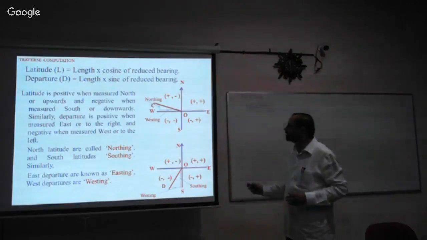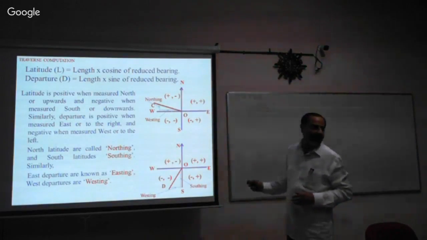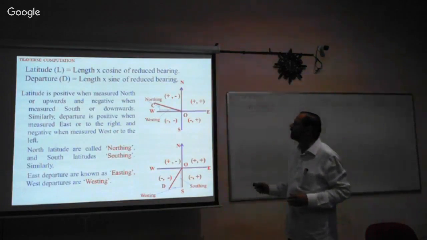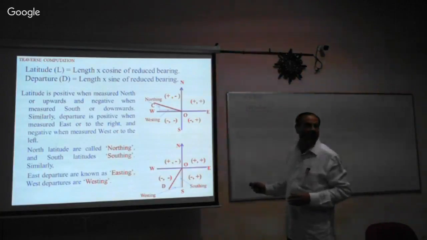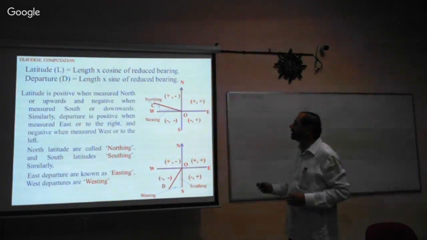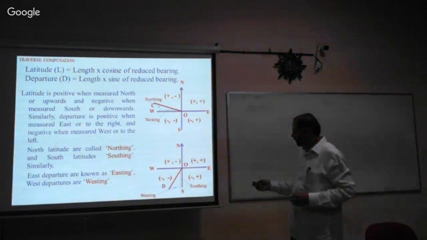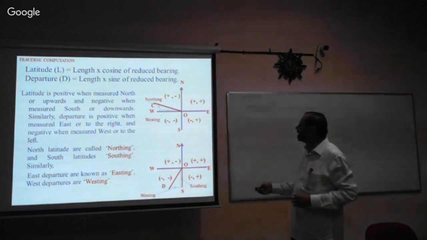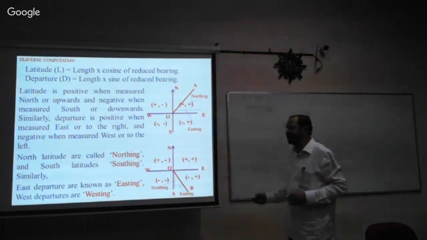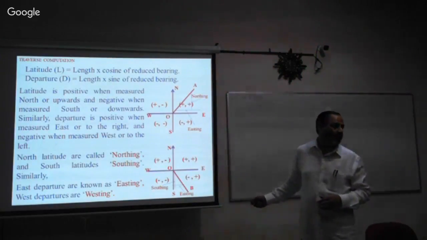The movement of this becomes downward and rightward, isn't it? Therefore, latitude becomes negative and departure becomes positive. That means the survey line is lying in the second quadrant, isn't it?